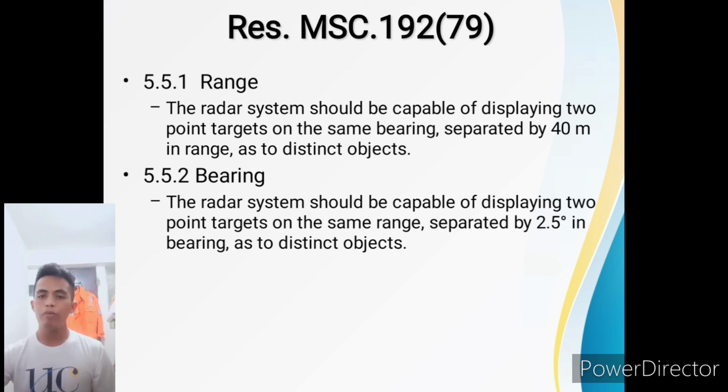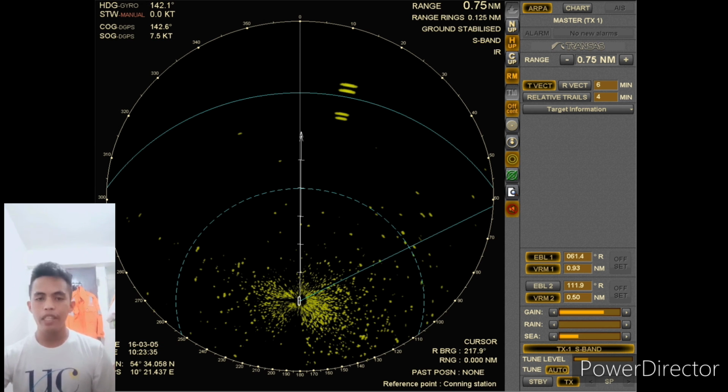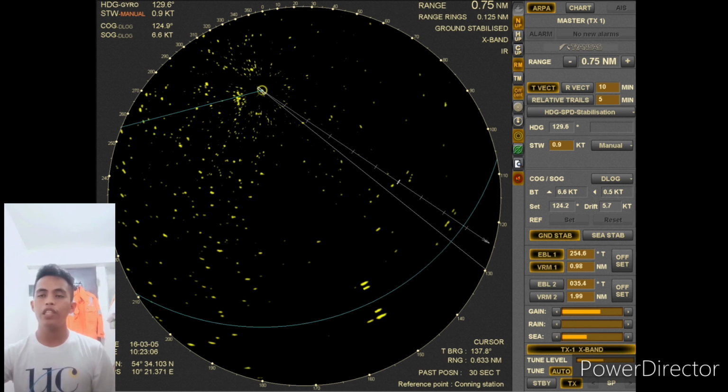And the bearing: the radar system should be capable of displaying 2-point targets on the same range, separated by 2.5 degrees in bearing, as distinct objects. So you will see in the slide a picture of radar, which shows the range and bearing.